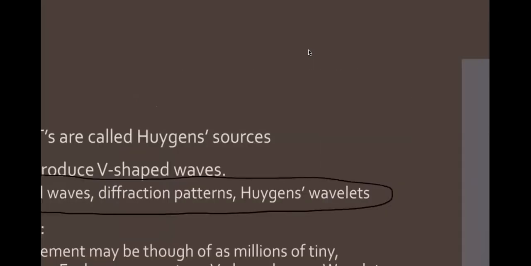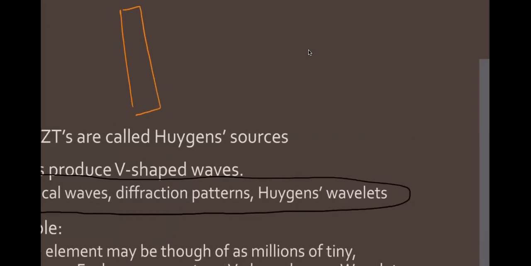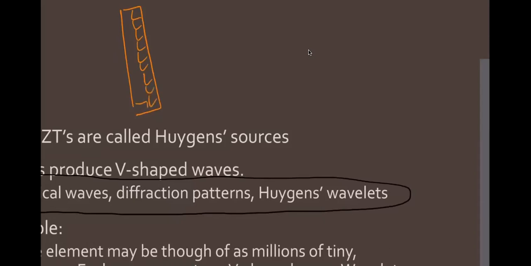Okay, so this guy said a big piece of PZT, so here's my big piece of PZT, can be thought of as a bunch of small pieces of PZT. So let's just pretend that this large piece of PZT is actually a bunch of smaller pieces of PZTs, right? So I'm going to put a bunch in there. What are those called?